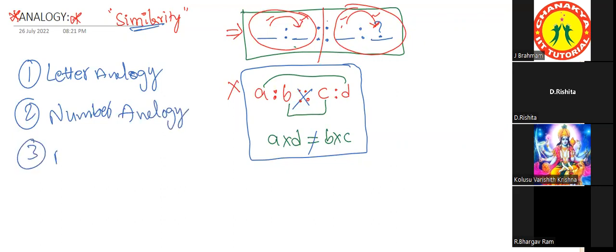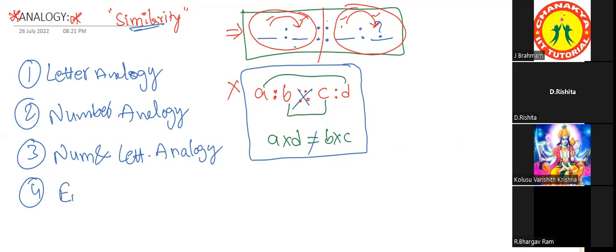And next is number and letter together analogy. We can call the first one, letter analogy, alphabet analogy also.